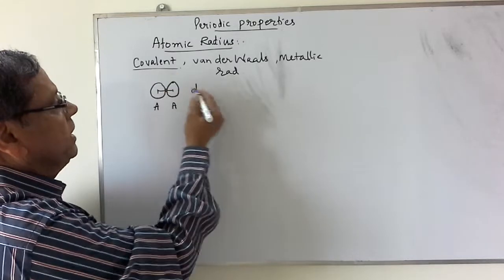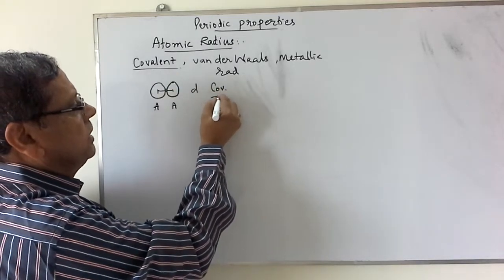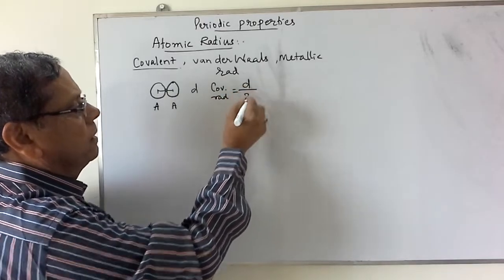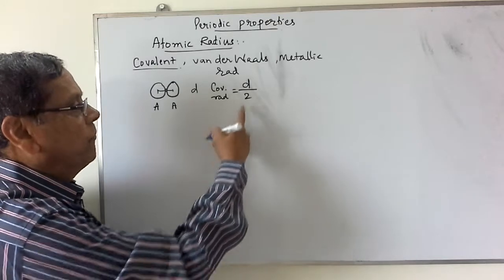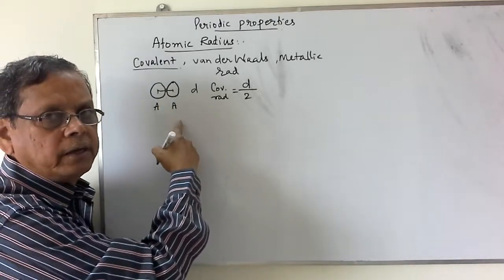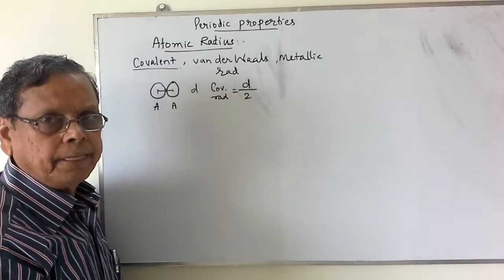Then the covalent radius is defined as the distance between the two nuclei divided by 2, or half of the distance between the two nuclei which are bound by a covalent bond.